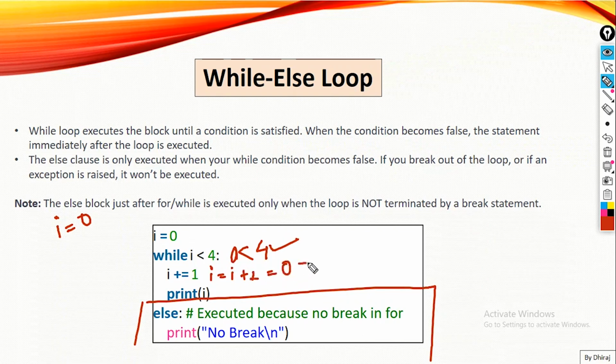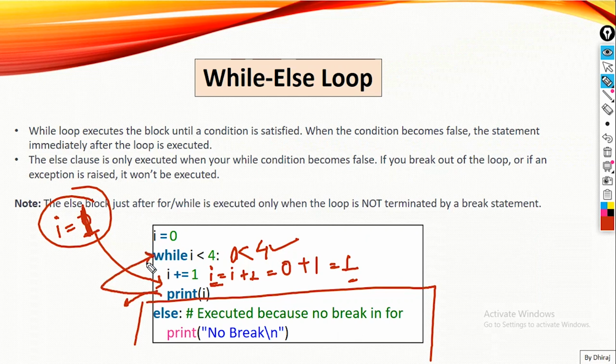I is 0 plus 1, which equals 1. So the value of I changes to 1, right? And if I print I, this 1 will get printed. It will not move outside of this block because this condition is not false. It is true. My cursor will go again to the while loop.